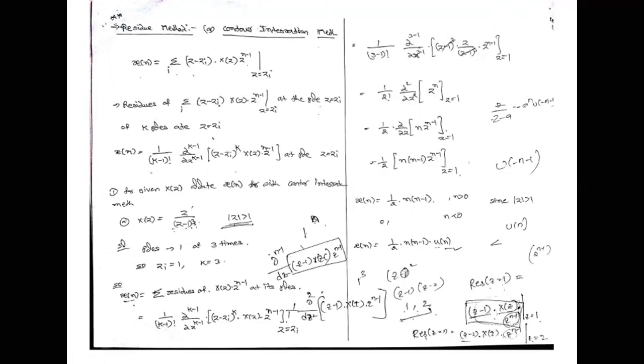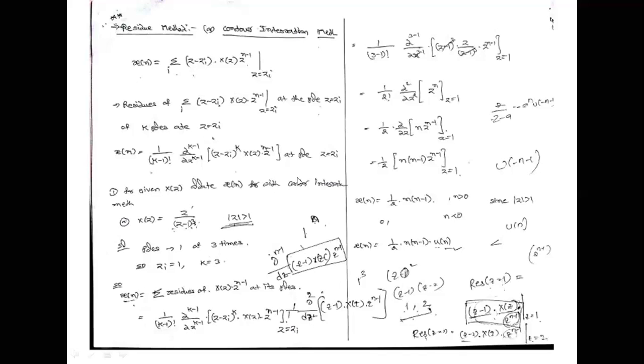So we know z by (z minus 1) is a power n u of n, and z by (z minus 1) whole square is n into a power n u of n, and z by (z minus 1) whole cube is n into (n minus 1) whole power a power n u of n.